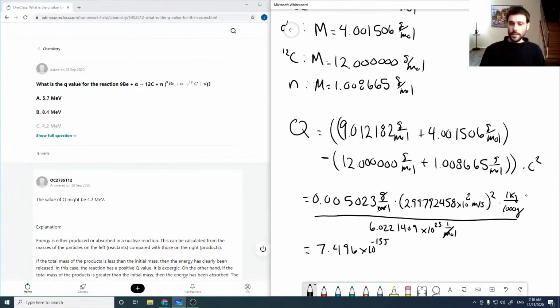which we can convert into eV by multiplying by 1 eV per 1.602177 times 10 to the minus 19 joules, which comes out to be 4.7 times 10 to the 6 eV, or 4.7 MeV.